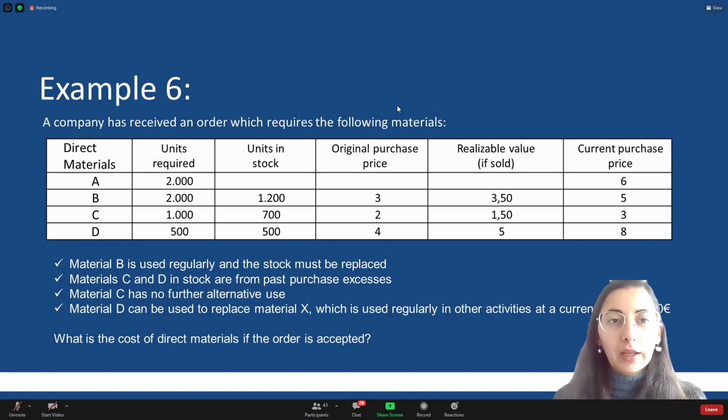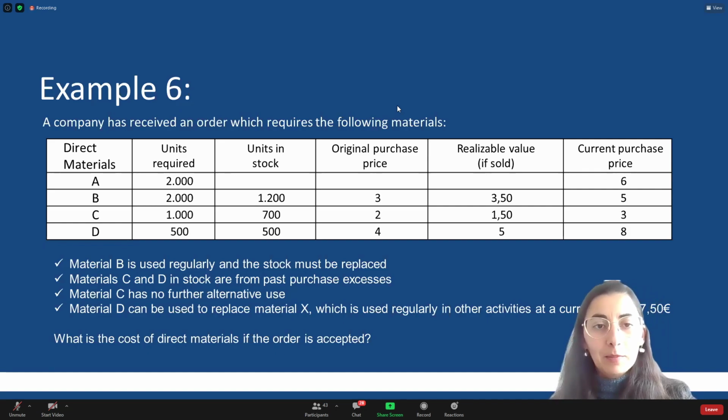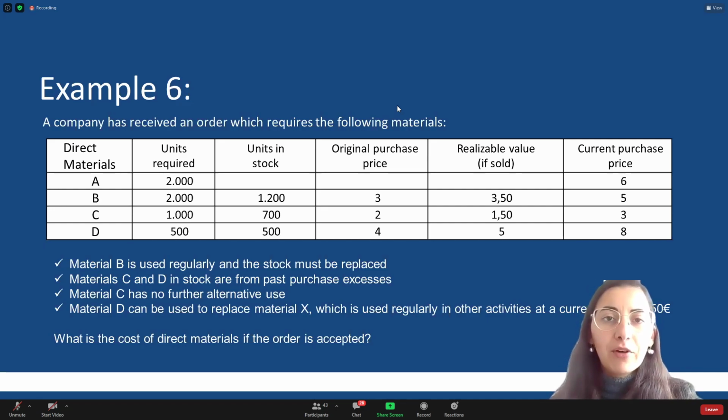So I can use the units, but I have to replace them. And when I replace them, I will pay 5 euros, because to purchase them I have to incur the purchasing price of 5 euros per unit. That is why it's the same as having 2,000 times the 5 euros. Okay?